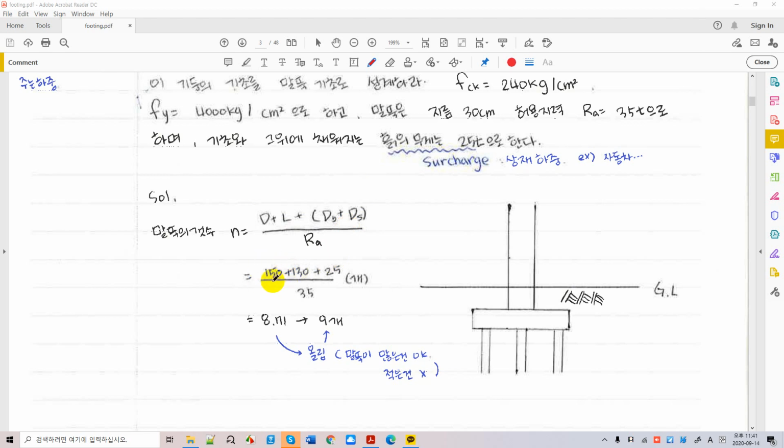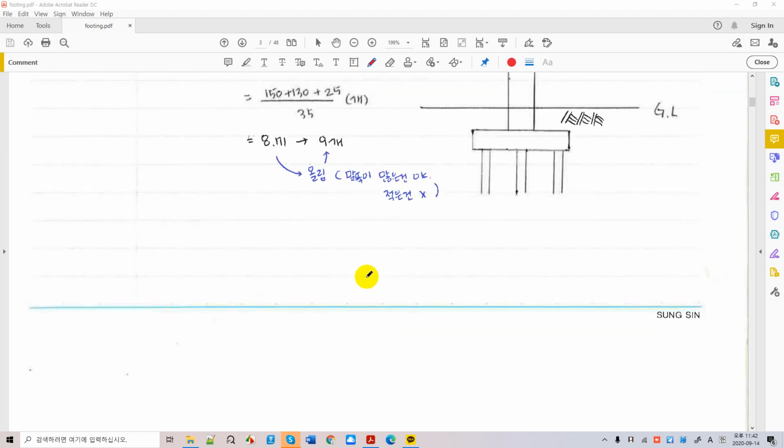And this is what we have from the problem statement without factor applications. So we need almost nine piles. Okay, first of all, I'm going to start with 9 piles. If necessary, we can revise the number of piles that we need. All right. Okay.